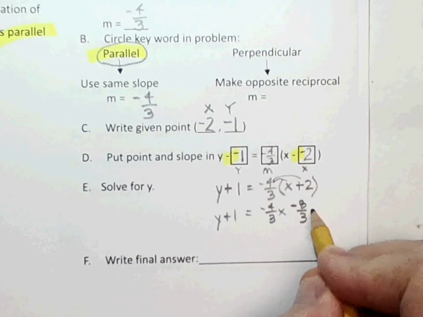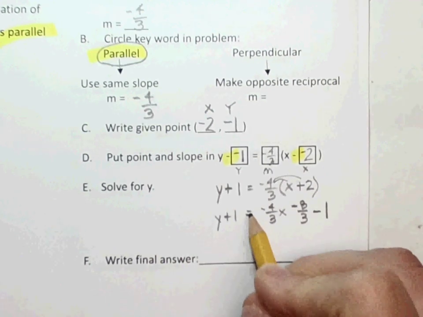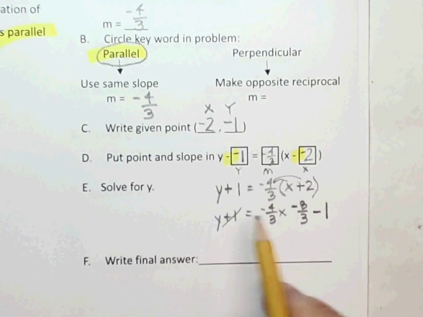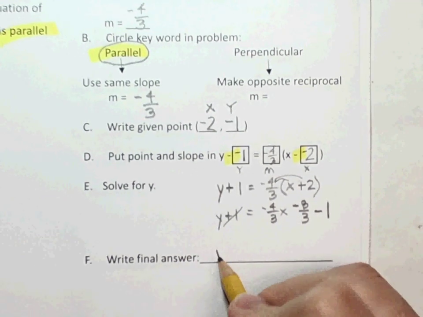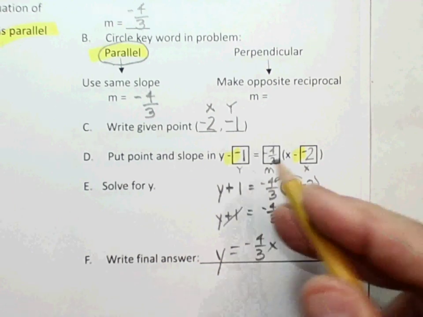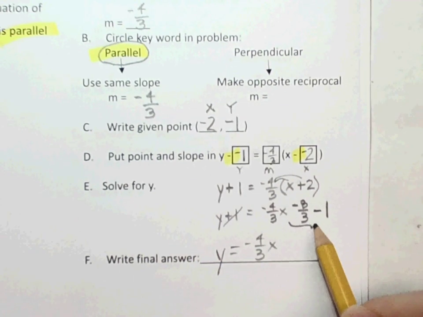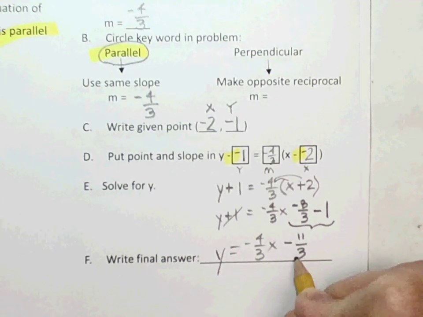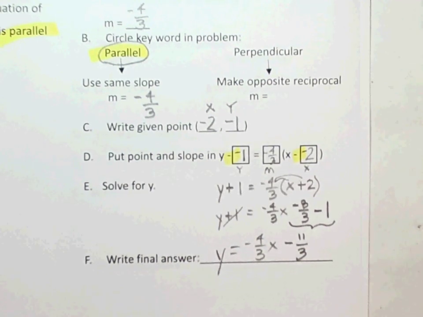It's going to be a -1 on the right. If you change sides, you change signs. So our final answer, got the same slope. Now this right here, use your calculator, and you're going to have -11/3. There's your answer.